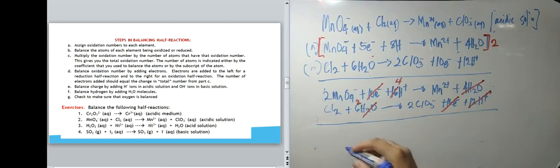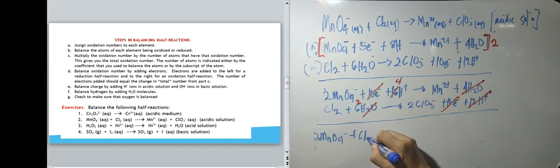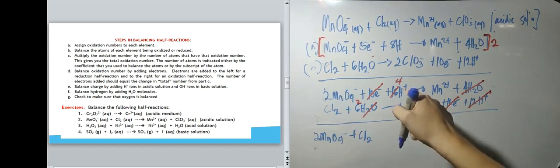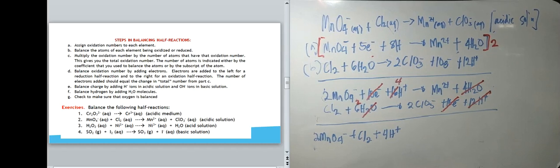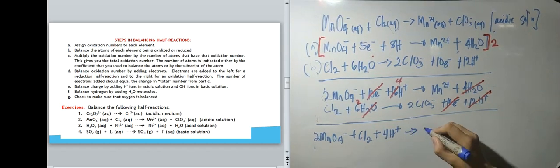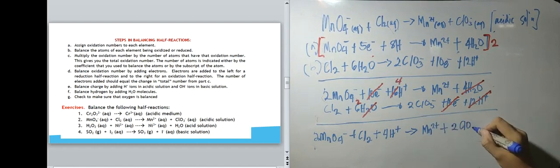So we have already the overall reaction, which is 2 MnO4 negative plus Cl2 plus 4H plus yields to Mn2 positive plus 2 ClO3 negative.